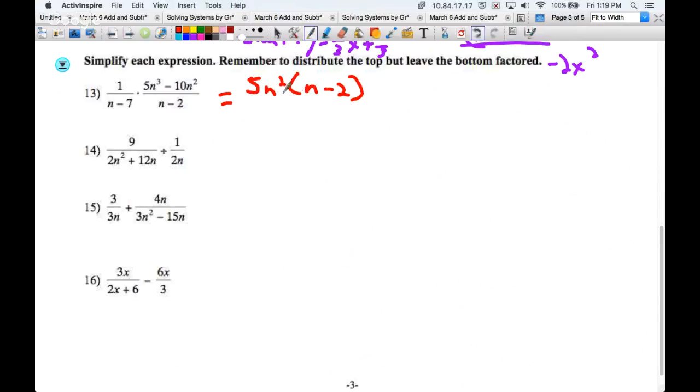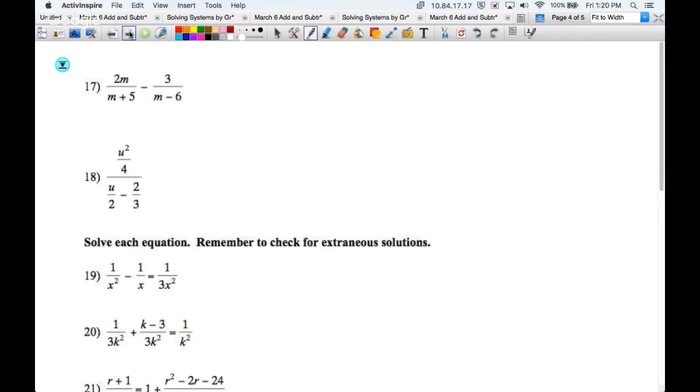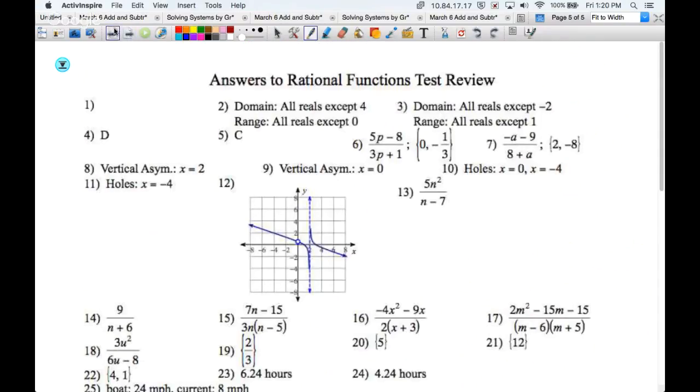So the n minus 2s are going to cancel, leaving behind this n minus 7 on the bottom, for a total of 5n squared over n minus 7. That's for our multiplication one. I just want to double check that one. Yep.